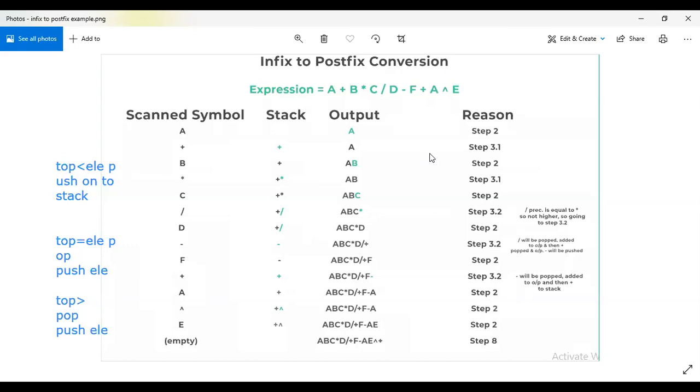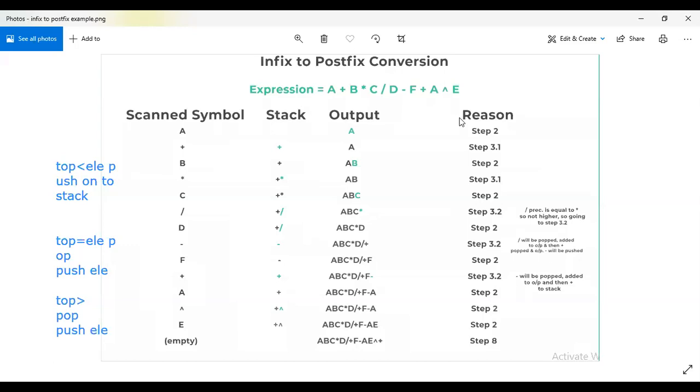Before executing the program or anything, first practice these steps on rough paper. Take the expression, for example, the expression which I have given: a plus b star c slash d minus f plus a exponent e, and do it step by step.